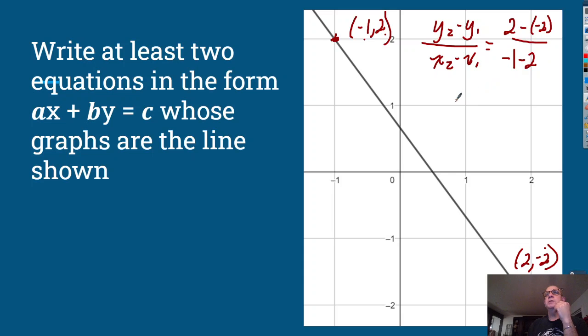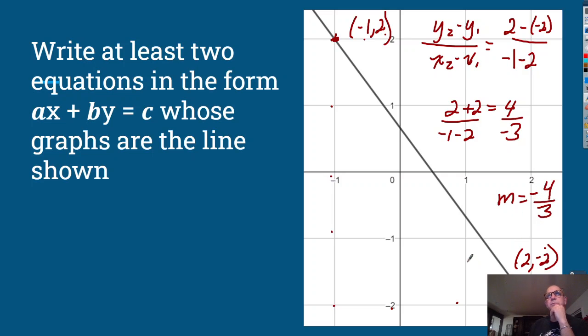So 2 minus -2 is like 2 plus 2, so that's 4. -1 minus 2 is -3. So I have a slope of, rise 1, 2, 3, 4, run 1, 2, 3. So I have a slope of -4 over 3.